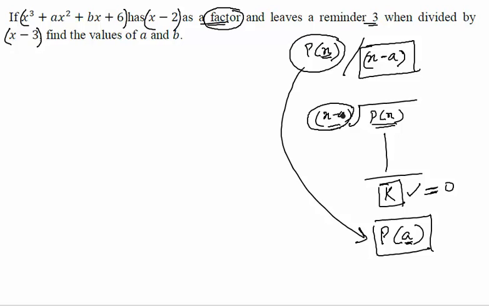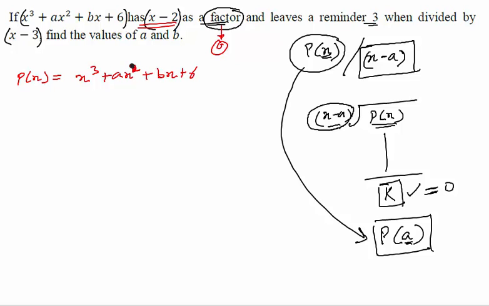So again, in this question, let us understand what is given to us. If x cube plus ax square plus bx plus 6 has x minus 2 as a factor, which means that if I divide this polynomial by x minus 2, I will get remainder equal to 0, right? So how to write that? Let us now consider our polynomial p(x), which is given to us, x cube plus ax square plus bx plus 6.